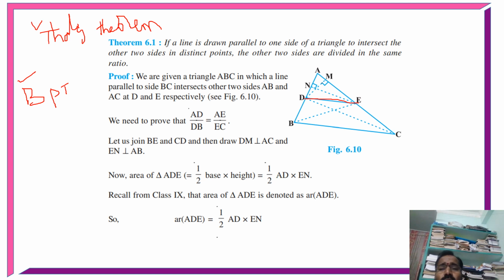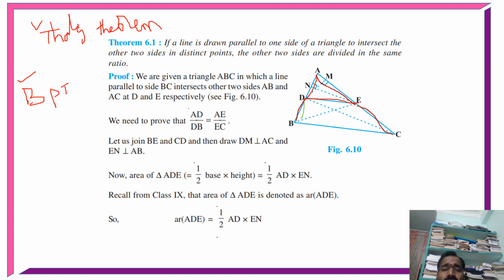Then we have to prove that it divides the sides in the same ratio, meaning AD by DB equals AE by EC. So here we have to prove AD by DB equals AE by EC.